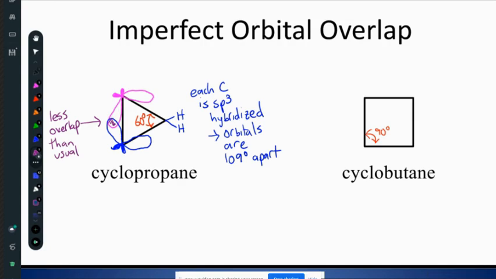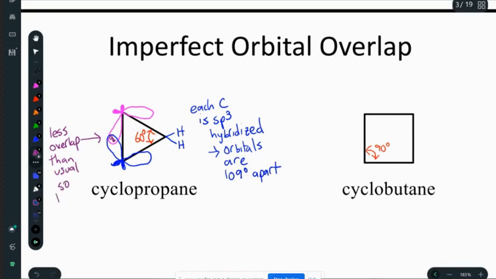And so because of that, those bonds are not as strong as your typical sigma bonds. So this is going to be worst in your 3-membered rings because there the bond angle is only 60 degrees.